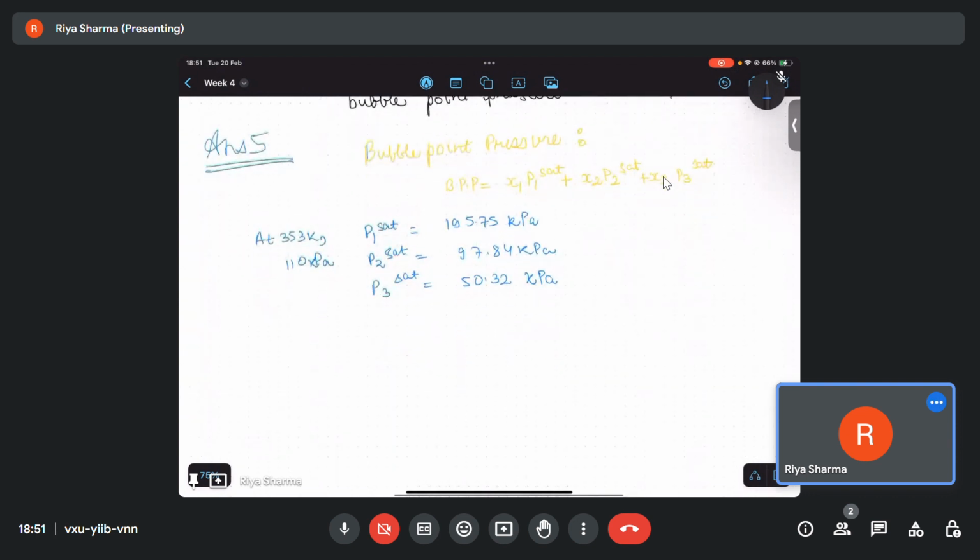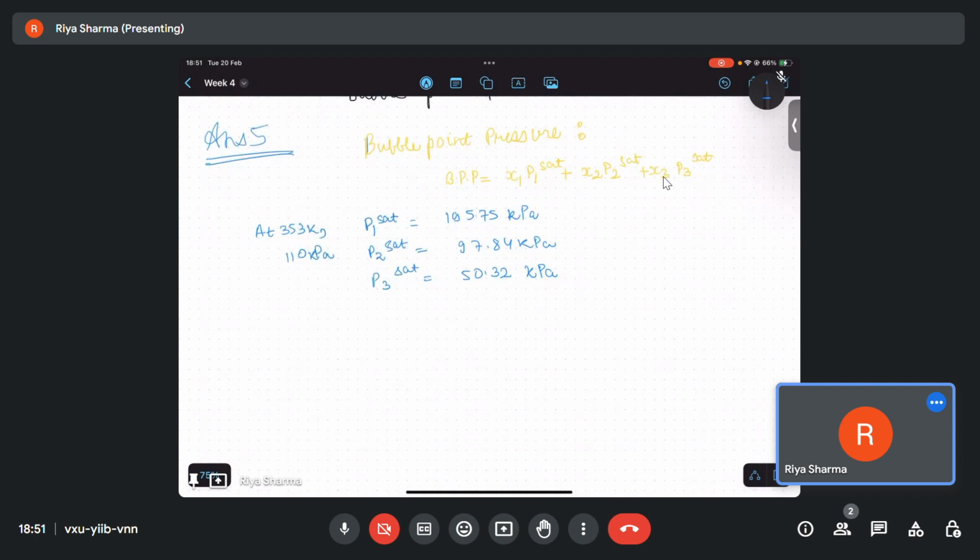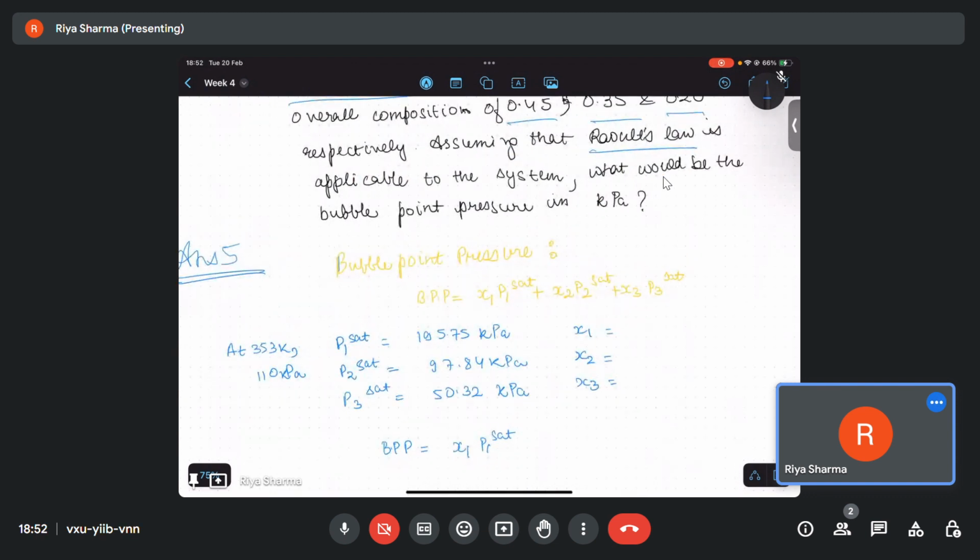Okay, so now can you solve this? It is very easy now. X1, X2, X3 have already been given to us. So how much has been given? 0.45, 0.35 and 0.20.